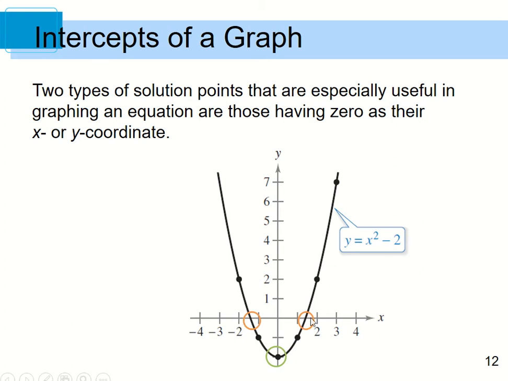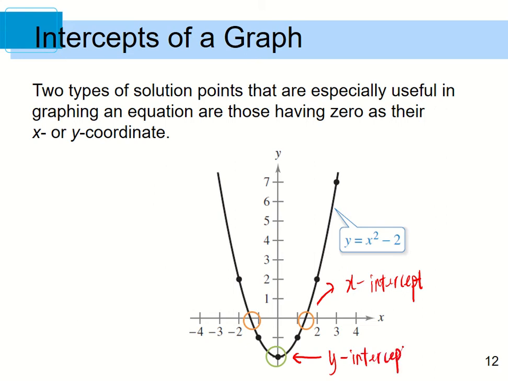So we call this the x-intercept. And we can also see that this one is another intercept. We call that the y-intercept.